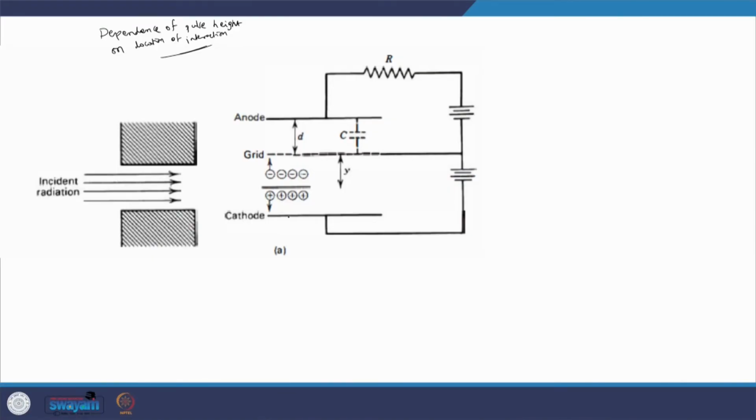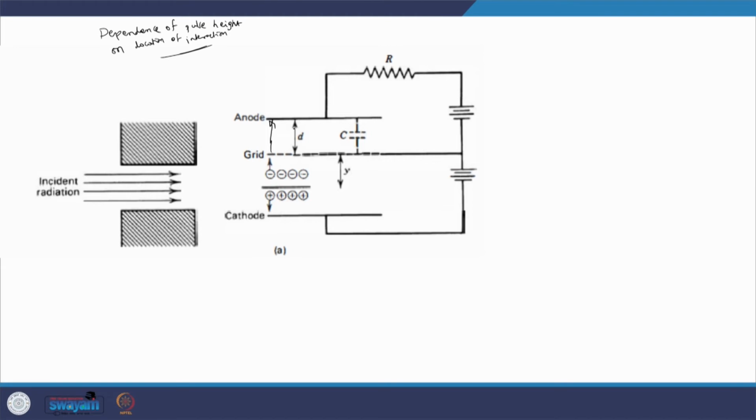That is the reason a grid is introduced between the two plates and the location is confined between the grid and the cathode. So, that electrons wherever they are created, once they start moving towards the anode, it will not be considered for the pulse formation until it crosses the grid.